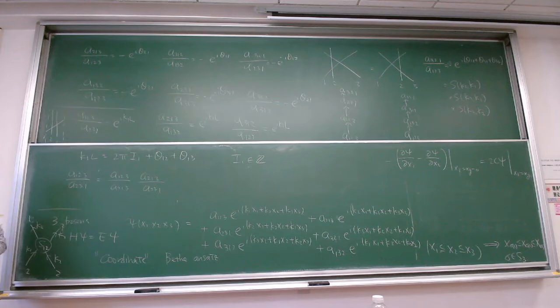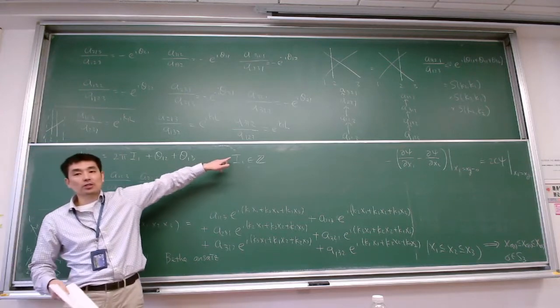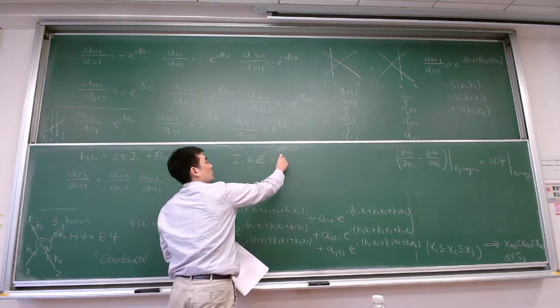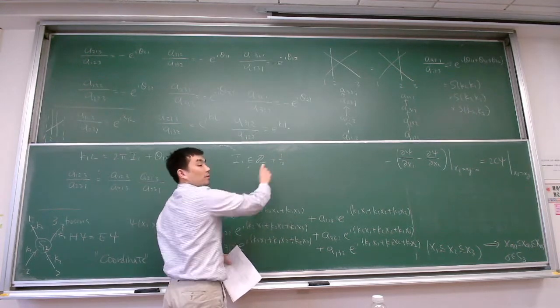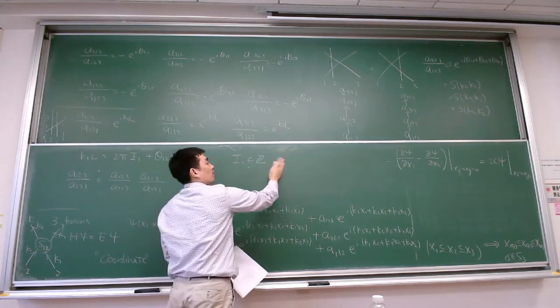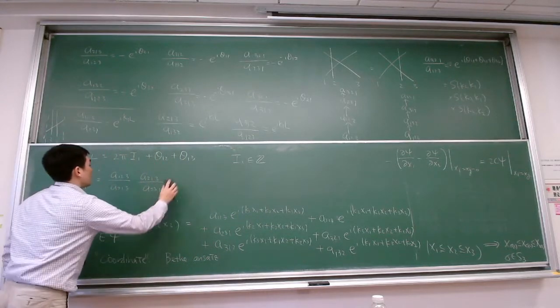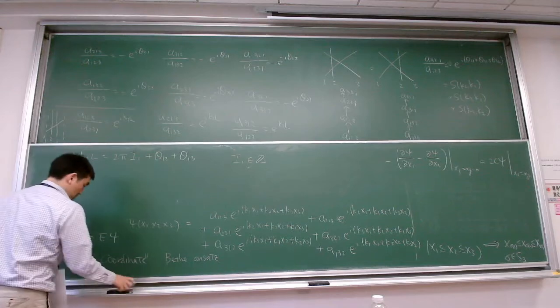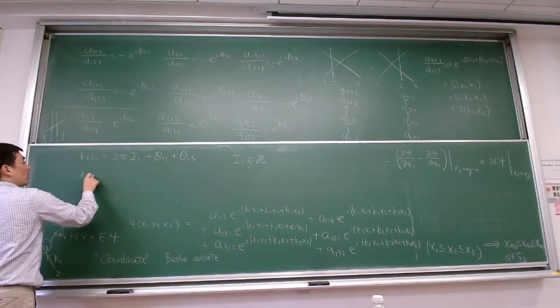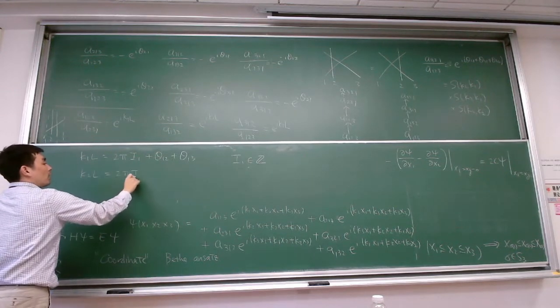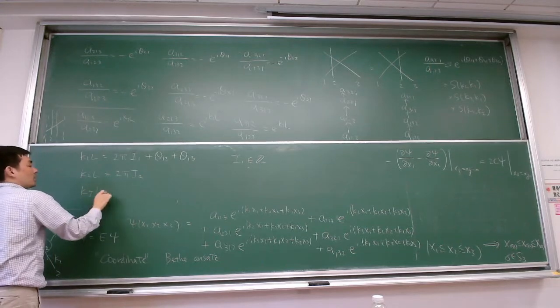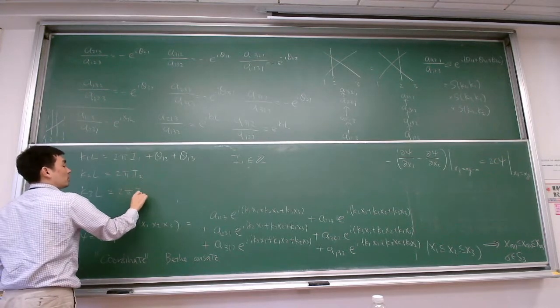You understand? For the 2 particle state, I1 should be a half integer, right? Plus 1 half. You used to have this one, but now you don't have this. And similarly, you can just swap the indices: k2 L is equal to 2 pi I2, and k3 L is 2 pi I3.